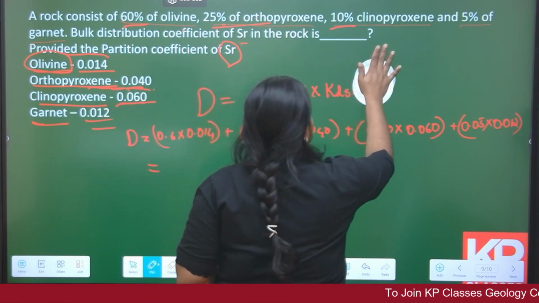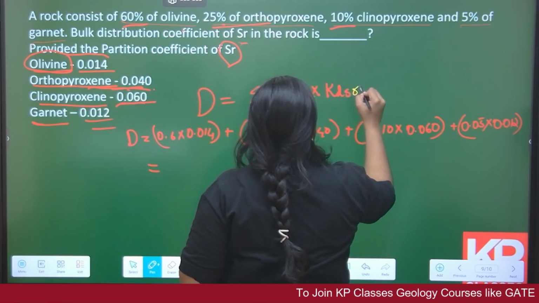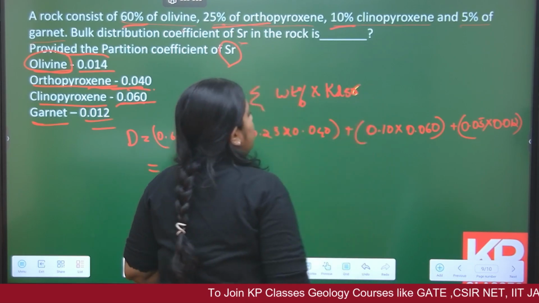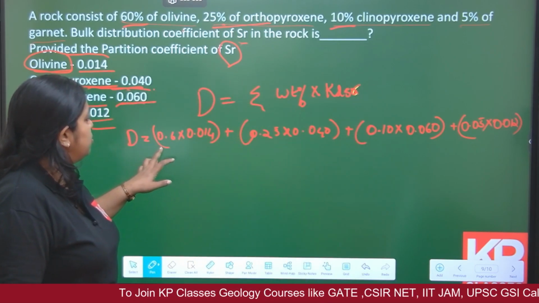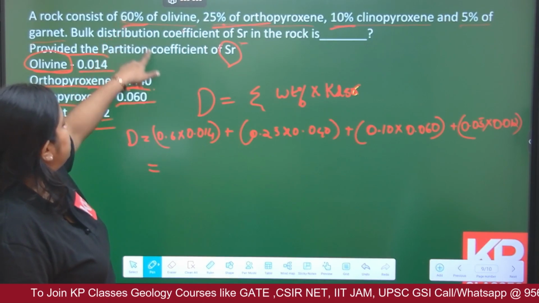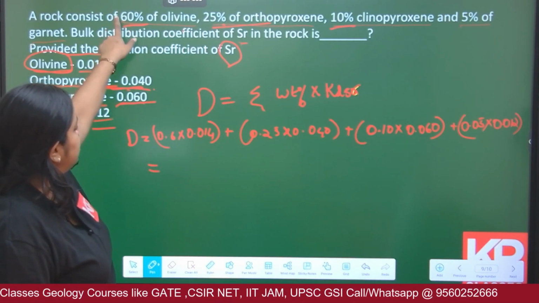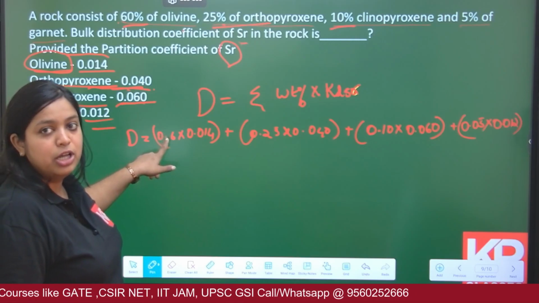Sorry, there is no percentage sign. So D is equal to 0.6, because 60% of olivine. Though it is in percentage value, here you have to remove the percentage.